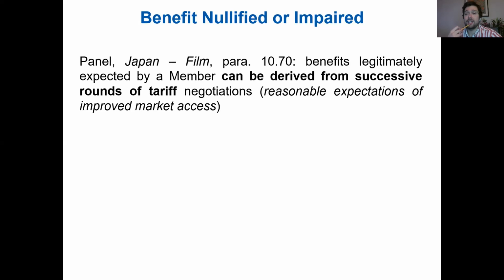So when we say, what are the benefits? Well, one of the most classical examples of the benefits would be these legitimate expectations of market access, which have been promised to WTO members by other WTO members.